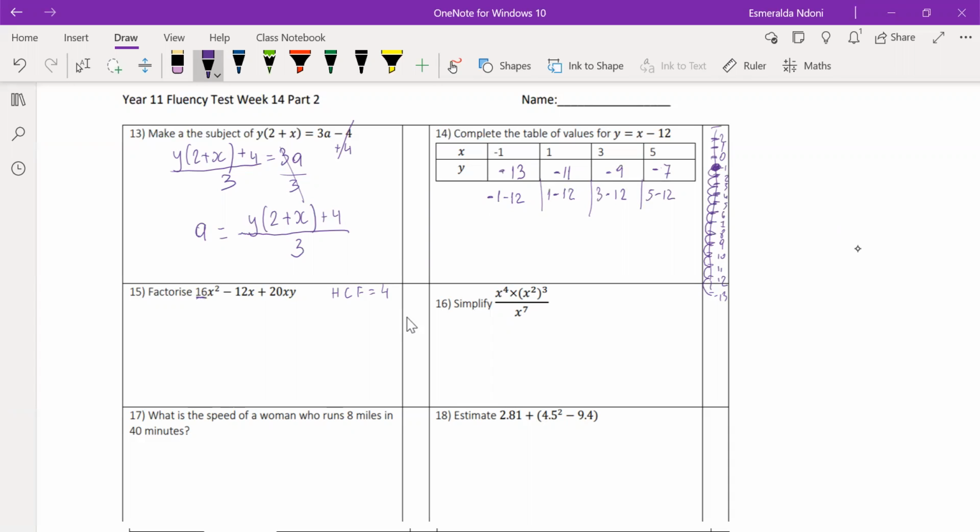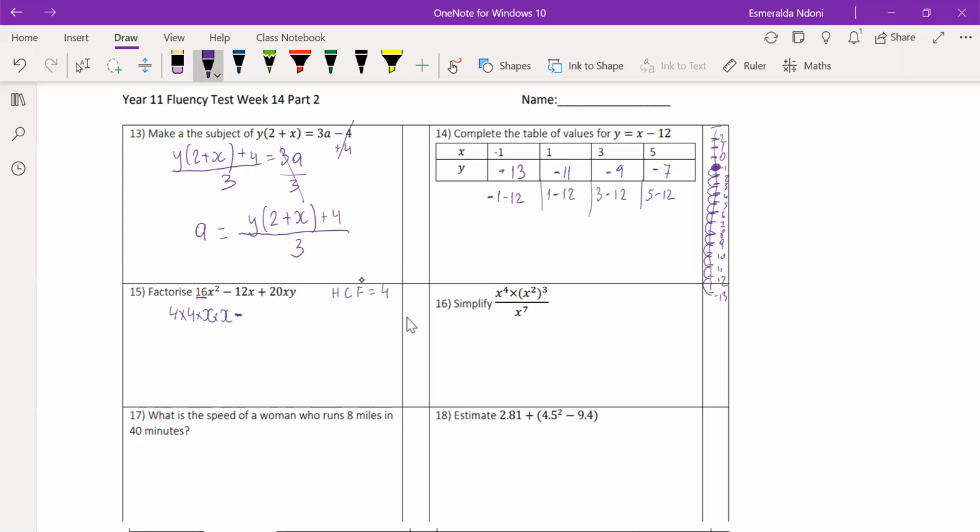So the 16 is made out of 4 times 4, and then I have x squared, so that will be x times x. This expression that I wrote in here, 4 times 4 times x times x, is the same as 16x squared.